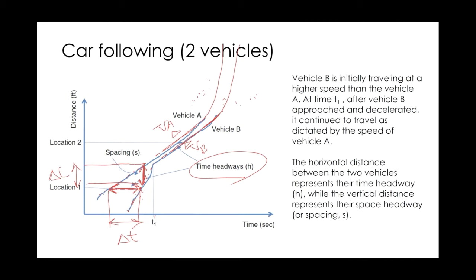So here I'm introducing two very key measurements in traffic called headway and spacing. Spacing is in the unit of distance, while headway is in the unit of time. Working with a time-space diagram and trajectories, the vertical distance between two trajectories represents spacing, and the horizontal line between the two trajectories represents headway.